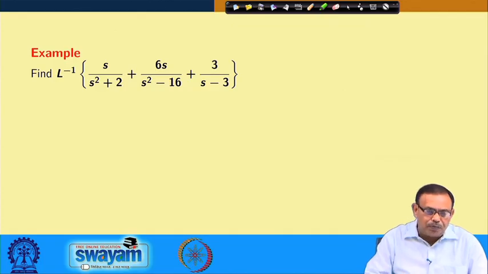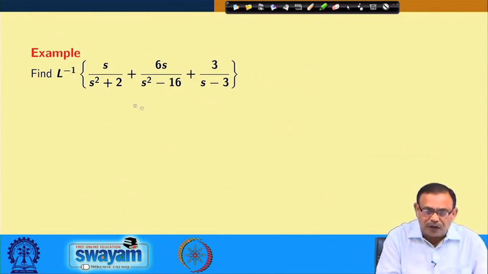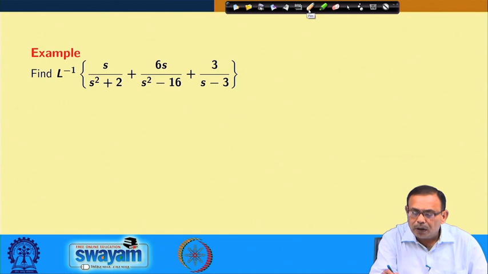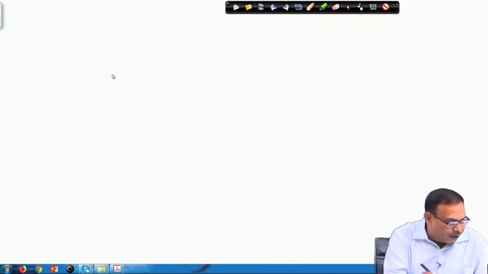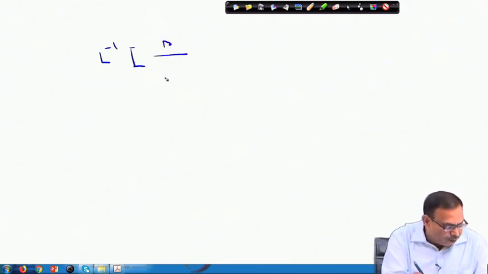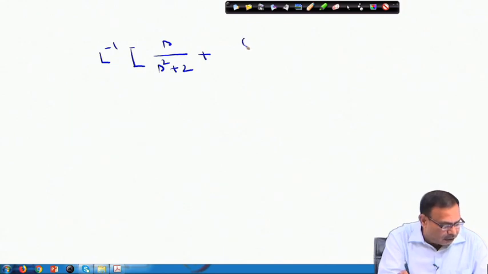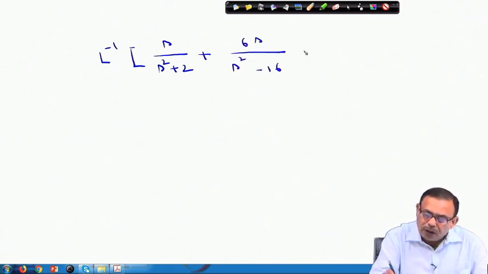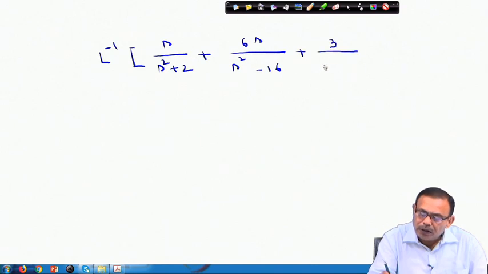Let us take an example of how to find out the Laplace inverse of this function, which is a function of s. Your function is Laplace inverse of s by s square plus 2, plus 6 s by s square minus 16, plus 3 by s minus 3.